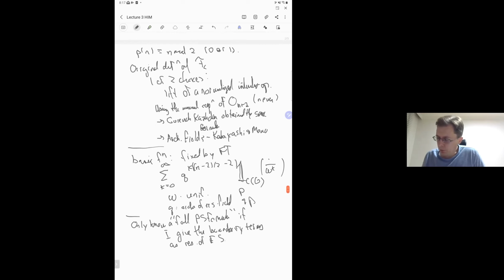And I don't really want to get into this, other than to say that this is not satisfactory; what you really want is something more geometric.